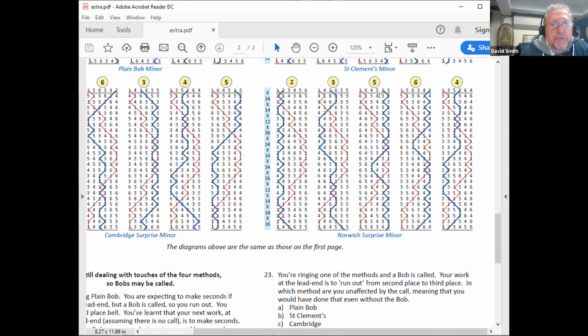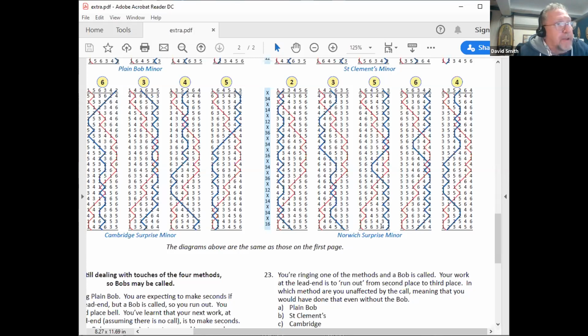We've talked about these triple dodges quite a bit. In Norwich, I happen to be 5th place bell. Here we are, we're going along. I do my triple dodge. Here, come out and I do 1, 2, 3 dodges, and then I'm going to make 6 if it's a plain lead end, but it isn't, there's a bob. So these bells swap. So I ring in 5th place, 6th place, 5th place, 6th place, 5th place, 6th place, 5th place. Here's the lead end, 6th place, 5th place because of the bob.